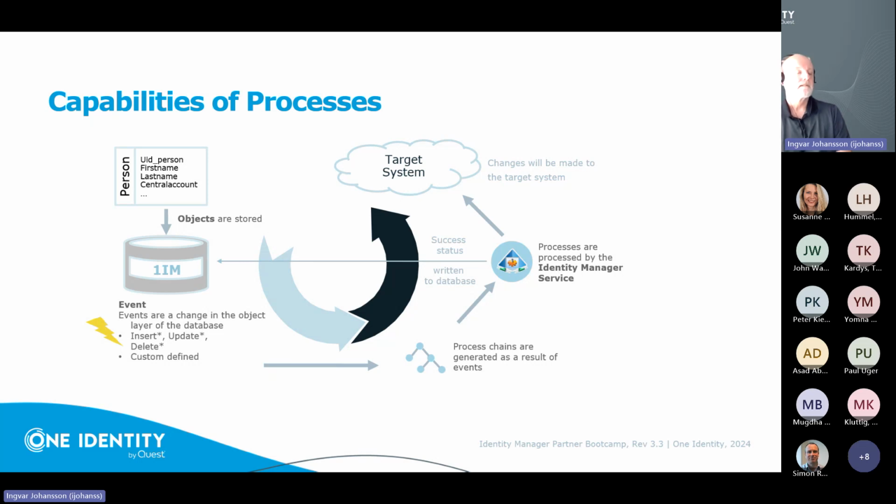And this is also where you are going to find that it's not that much that's really hard-coded in this solution. You can change the behavior of the product, and you can definitely configure custom process chains to perform certain things that's not standard in the product, of course.